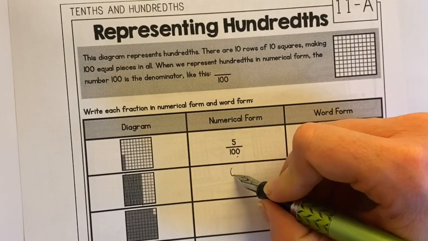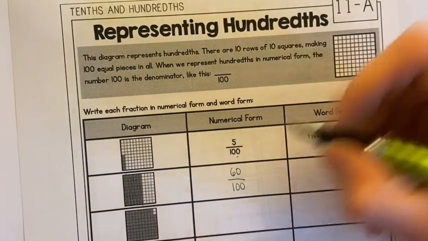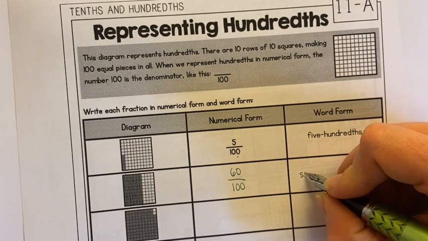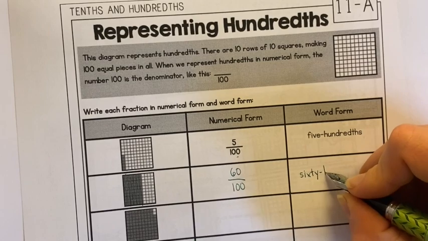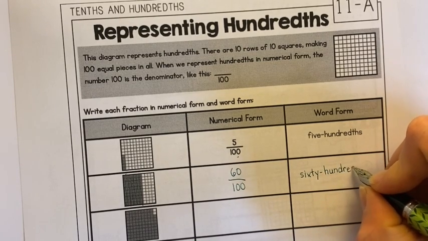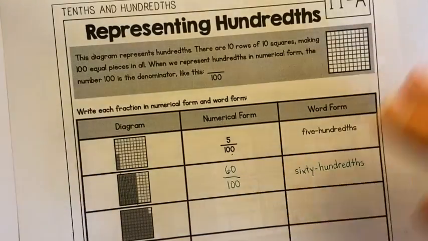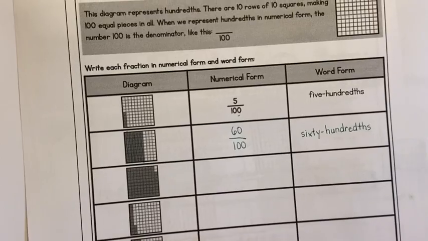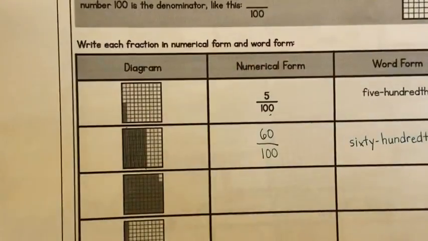So it's 60 over 100, or 60 hundredths. All right. I love when I say that. I'm really enunciating it.